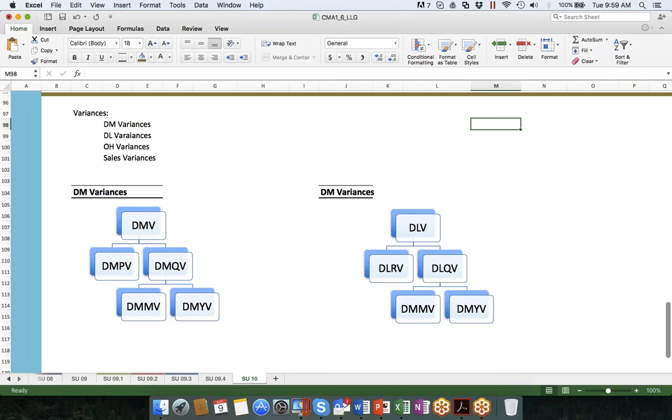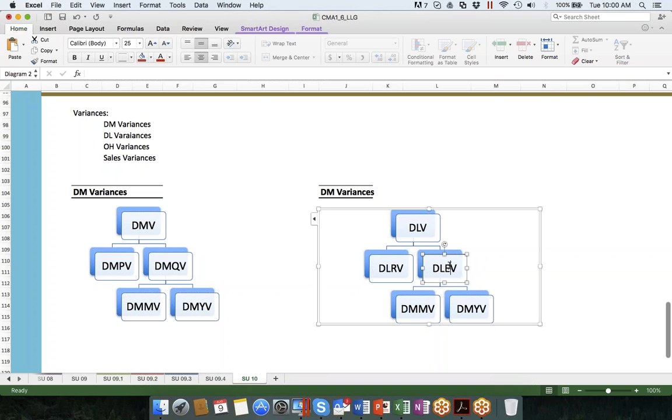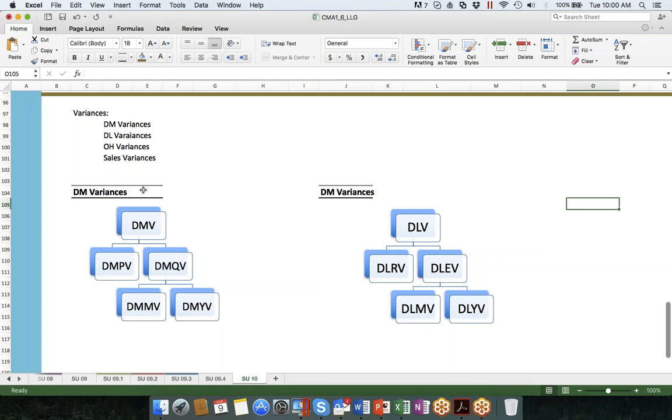Say for example, I want my workers to complete this task in 25 hours. They completed in 20 hours. They are more efficient. They saved labor cost. So the next one is direct labor efficiency variance or direct labor usage variance. Direct labor usage variance is further classified into direct labor mix variance and direct labor yield variance. So in direct material variances you have four variances, and in direct labor variances you have four variances, a total of eight variances.